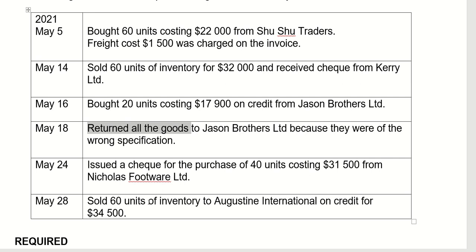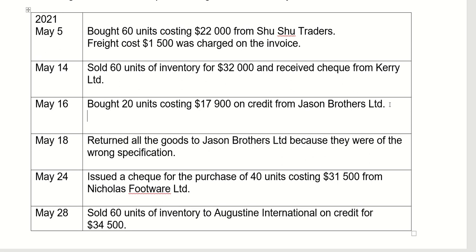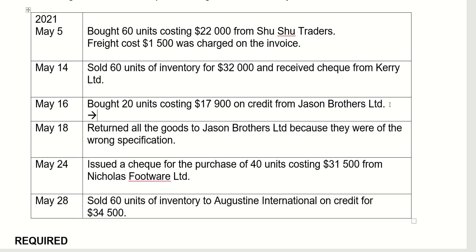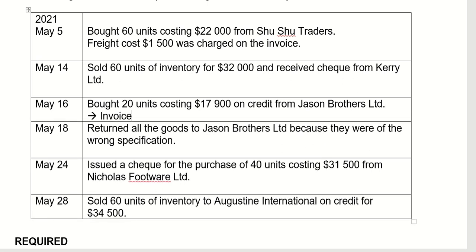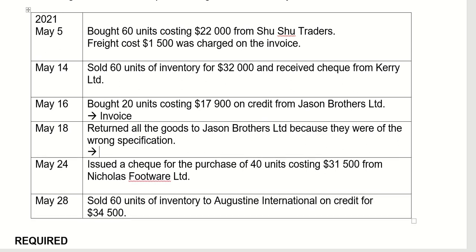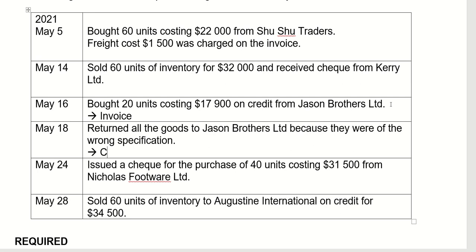So what is the source document that you would receive from Jason Brothers? Because originally you purchased some goods on credit, when you purchase goods on credit, the source document is an invoice. And then after that, you return all of these goods to Jason Brothers on credit. You haven't paid them yet. So Jason Brothers would issue you a credit note.